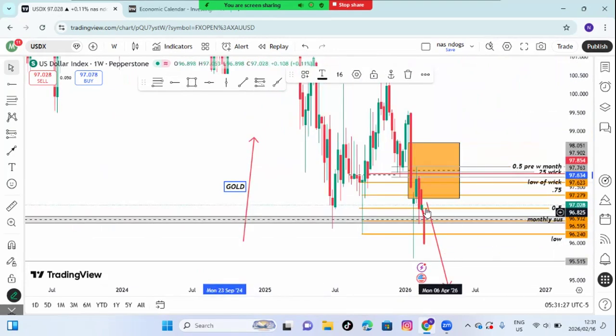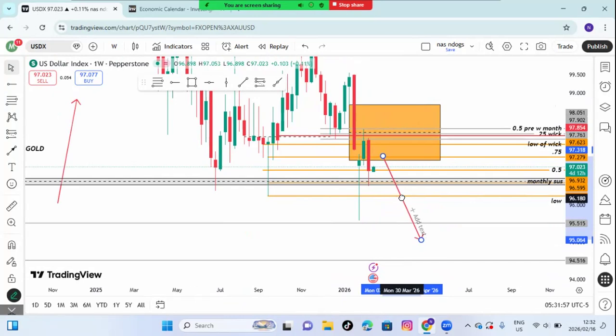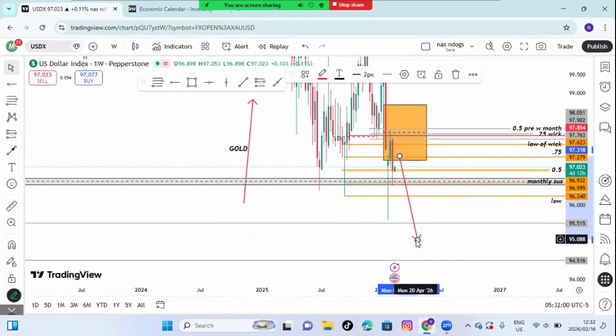Every time this goes down, we should see gold going higher, unless there's a high manipulation. But if that's not the case, that should be happening. If the DXY is going down, we should see gold going up, right? So basically by saying that I'm bearish here on DXY, I'm saying I'm bullish on gold. More downside here, more bullishness on gold.